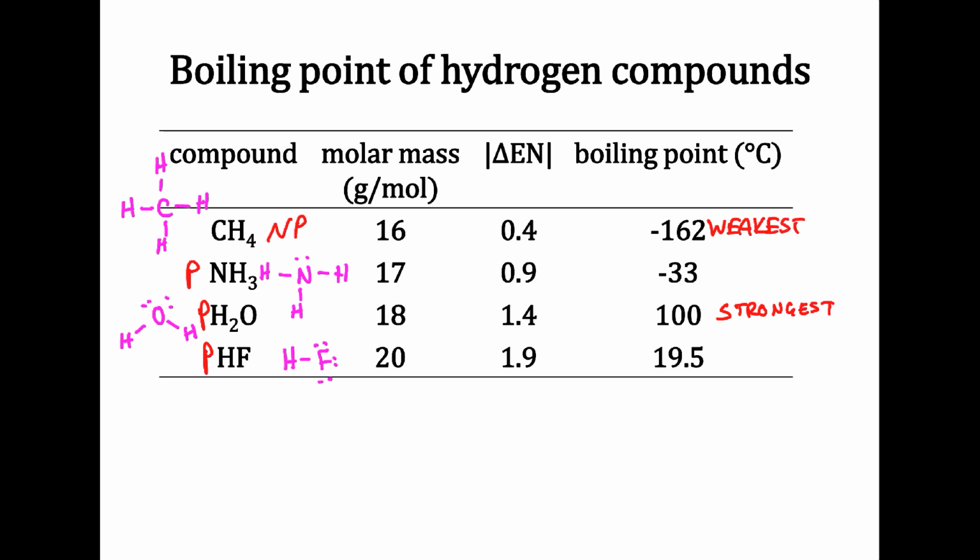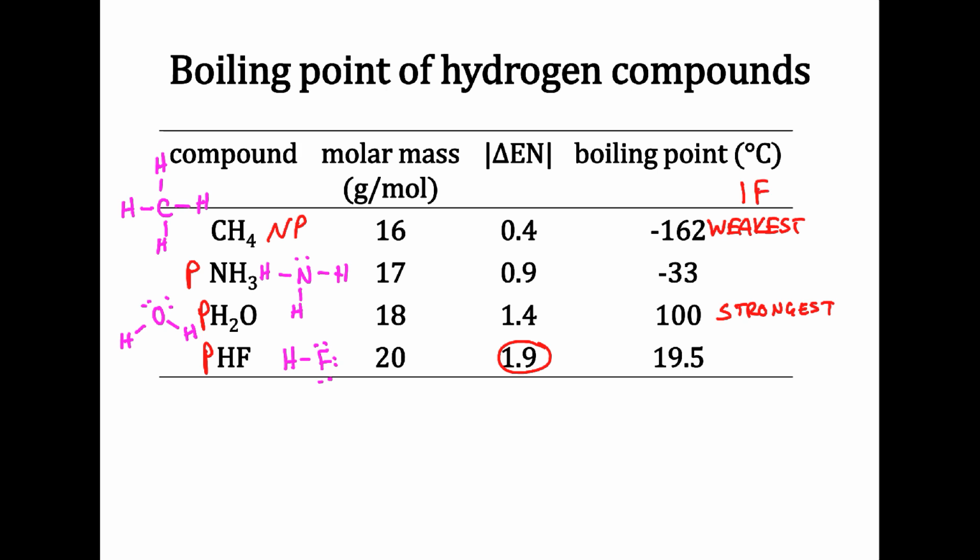But we just said that the greater the difference in electronegativity, the stronger the polarity would be, or the more polar the molecule would be. So by that logic, because this has the greatest difference in electronegativity, we would expect that HF should have the strongest intermolecular force.